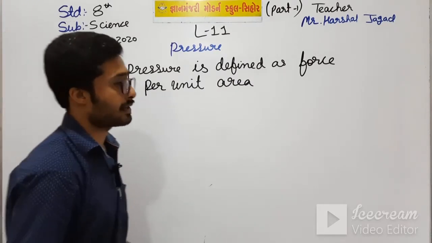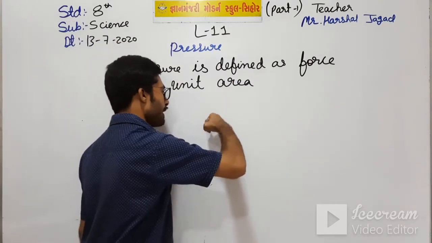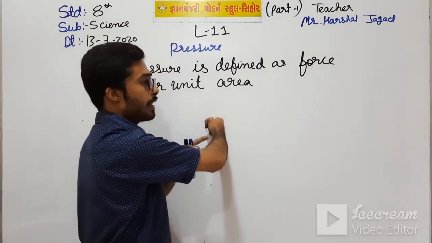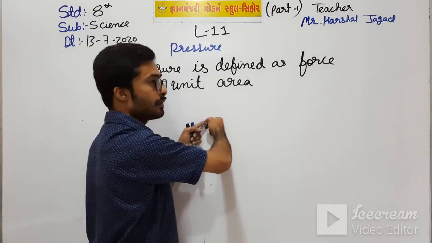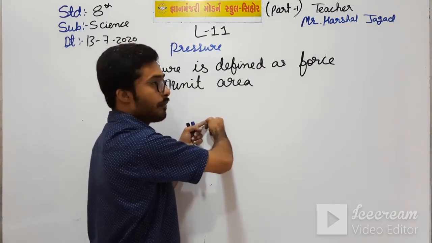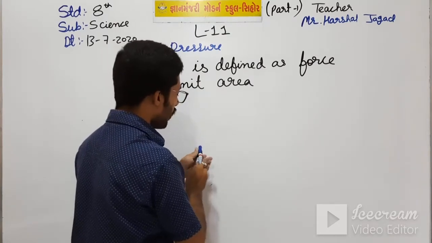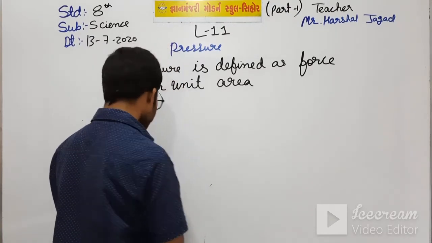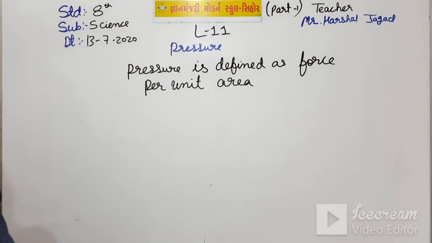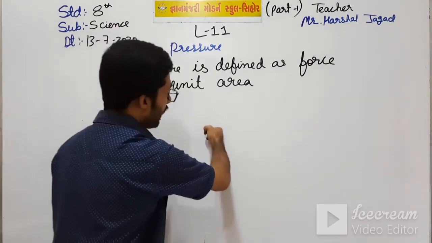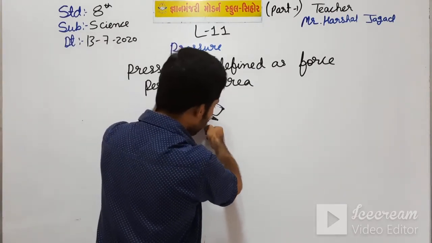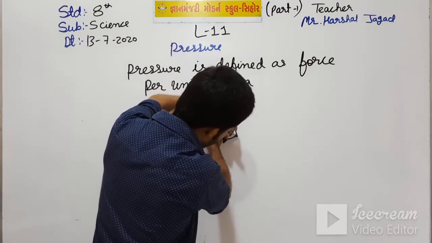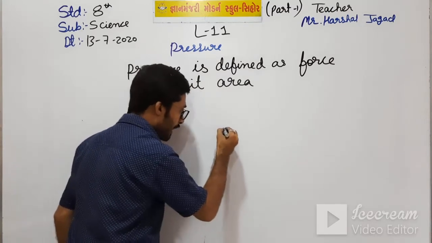So let's see the first example. If I apply a force on the board with my hand, on which area have I applied the force? See here, I apply a force in a certain area. This is the area where I apply the force, this is my hand.